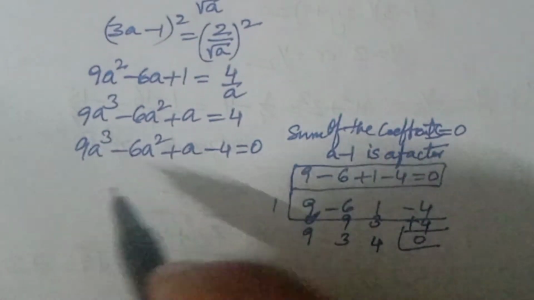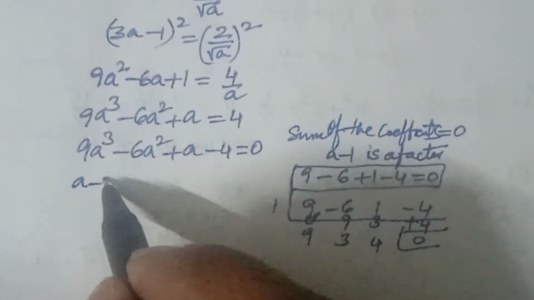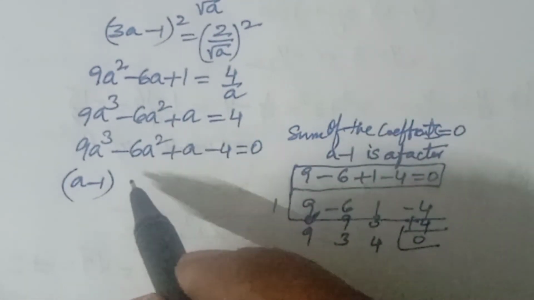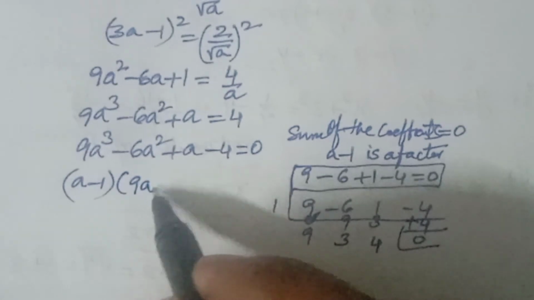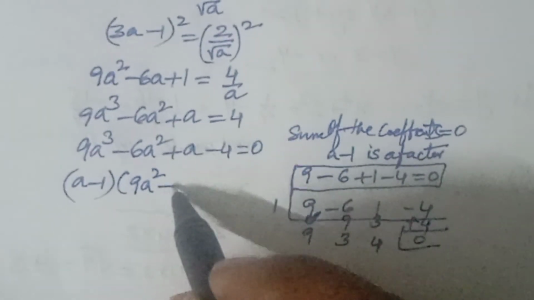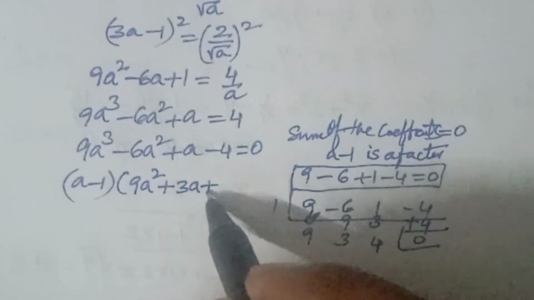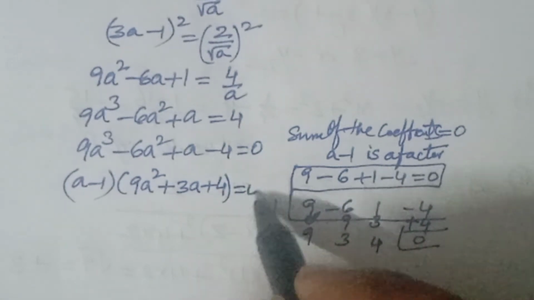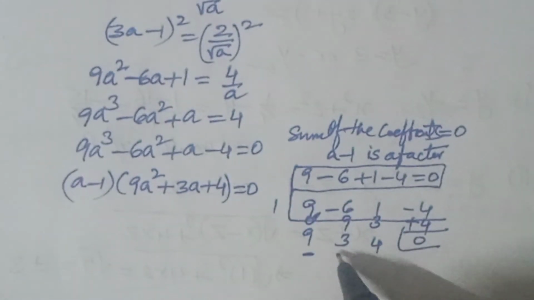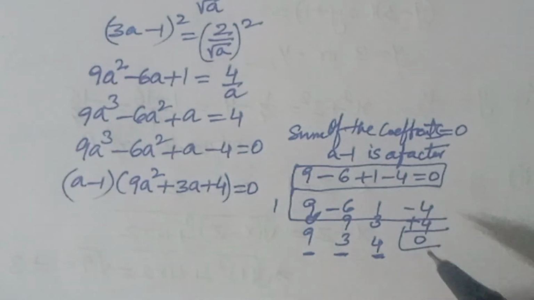So what are the factors, a minus 1 into 9a square plus 3a plus 4 equal to 0.